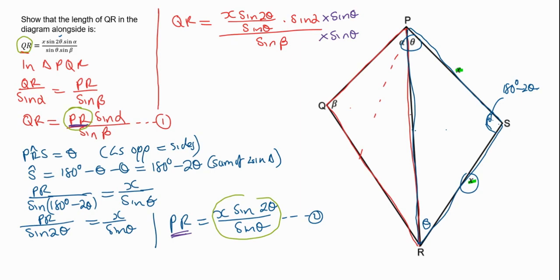And then if you check the numerator here, sine theta divided by sine theta is 1. We remain with just QR is equal to x sine 2 theta times sine alpha over sine beta times sine theta.